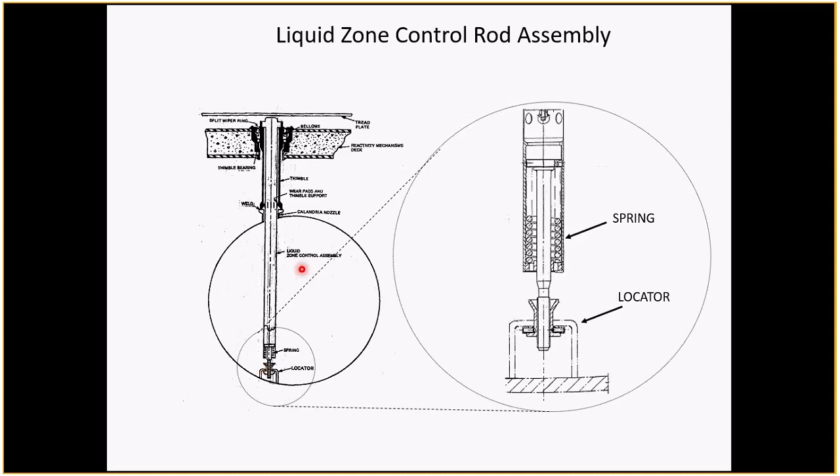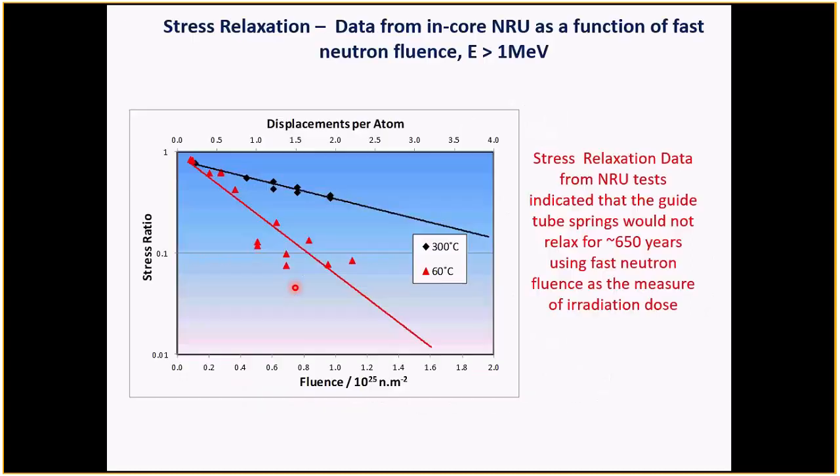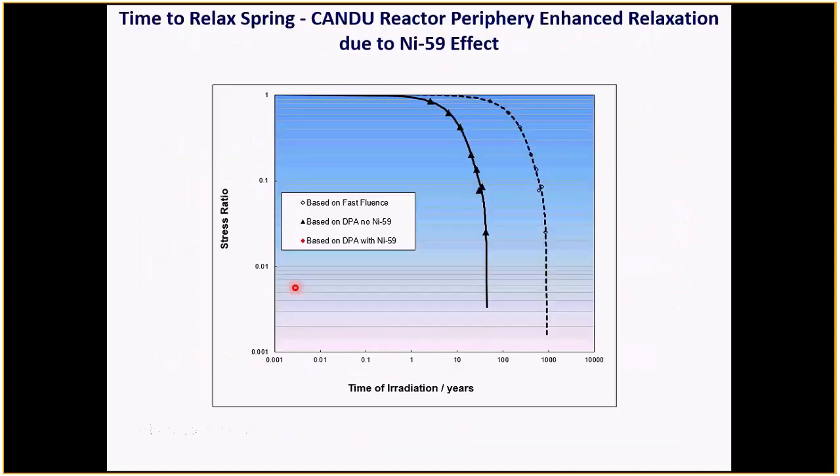There are 20,000 thermal neutrons per fast neutron. Here it's about 3 to 1. Here it's about 3 or 4,000 to 1. So we have very many more thermal neutrons compared to fast neutrons here compared to here.